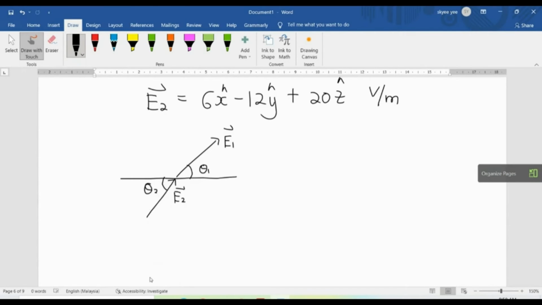Now you need to find this by using the trigonometry method. Oops, maybe I shouldn't draw here. Here you have your E1 T component, and here you have your E2 T component.